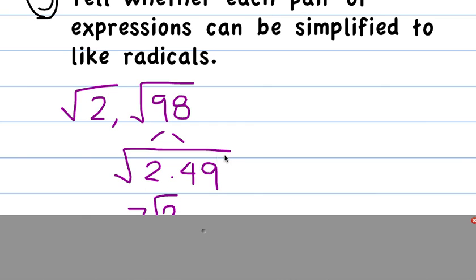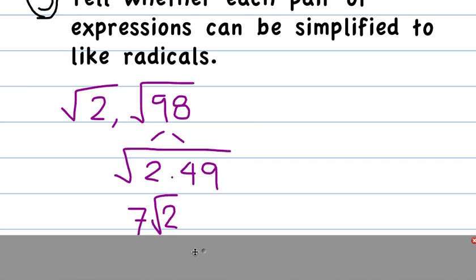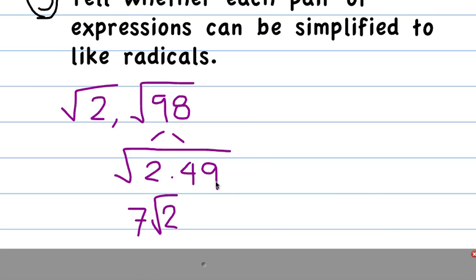And this is all underneath the radical sign, so we know that 49 is a perfect square, so we can pull the 7 out front, and the 2 can no longer be reduced, so it just remains the square root of 2. And then, as you can see, they are like radicals because they both have the square root of 2.